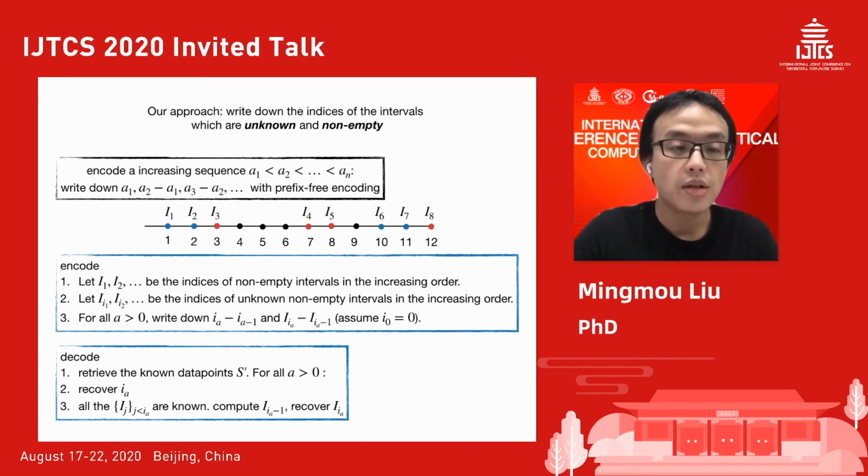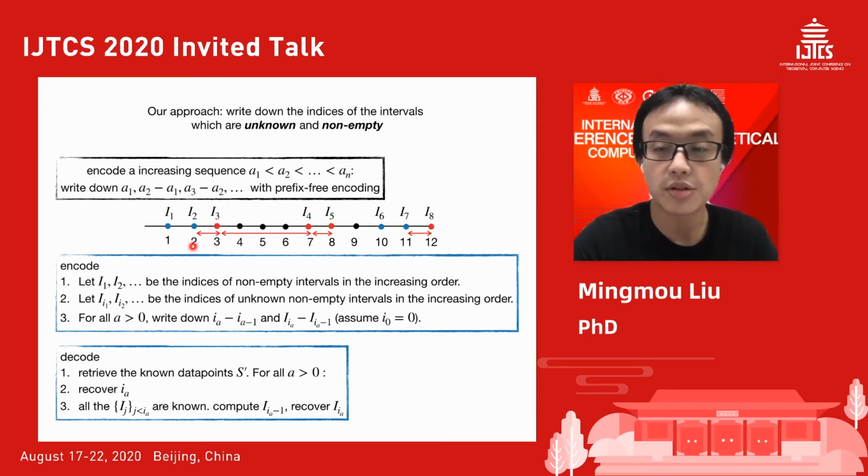For the unknown non-empty intervals, at first, we write down a number to inform the non-empty interval which precedes the unknown one. Then, we write down the distance between the known interval and the unknown interval. For example, we write down a number 3 to inform that the next unknown interval succeeds the second non-empty interval.